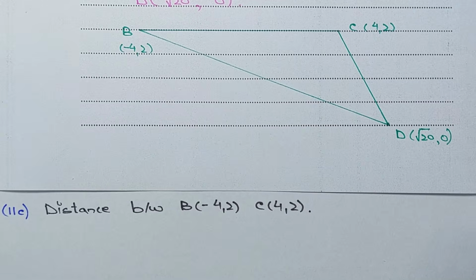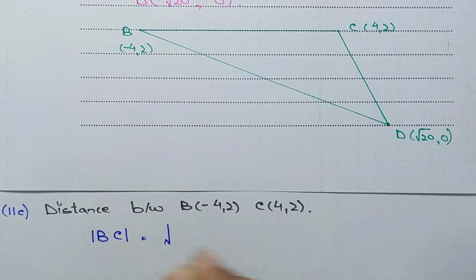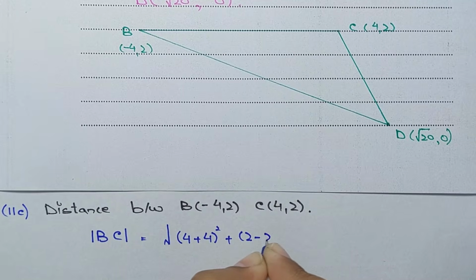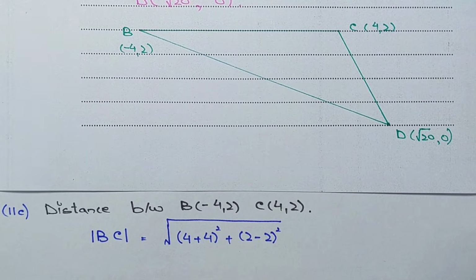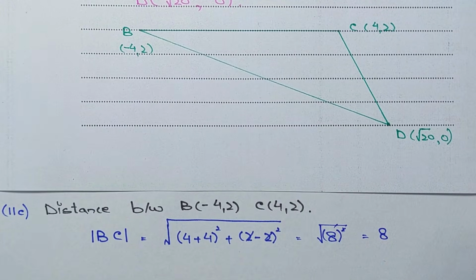That distance is basically the magnitude of BC, having the formula square root of (x2 minus x1) whole square plus (y2 minus y1) whole square. That is (4 plus 4) whole square, plus (2 minus 2) whole square, and 2 minus 2 is just 0. 4 plus 4 is 8, whole square, and it cancels out with the root, it is just 8. So that distance is 8.